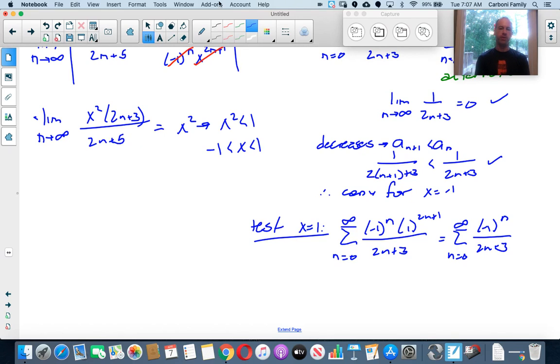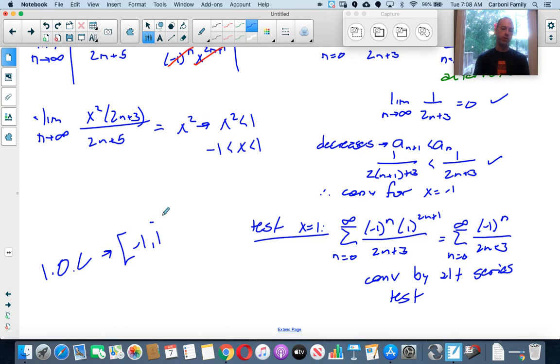This ends up being the alternating series that we just showed converges. So we don't have to go through the full test again. So this one converges by alternating series test. And so my interval of convergence, we will include both endpoints, -1 to 1.